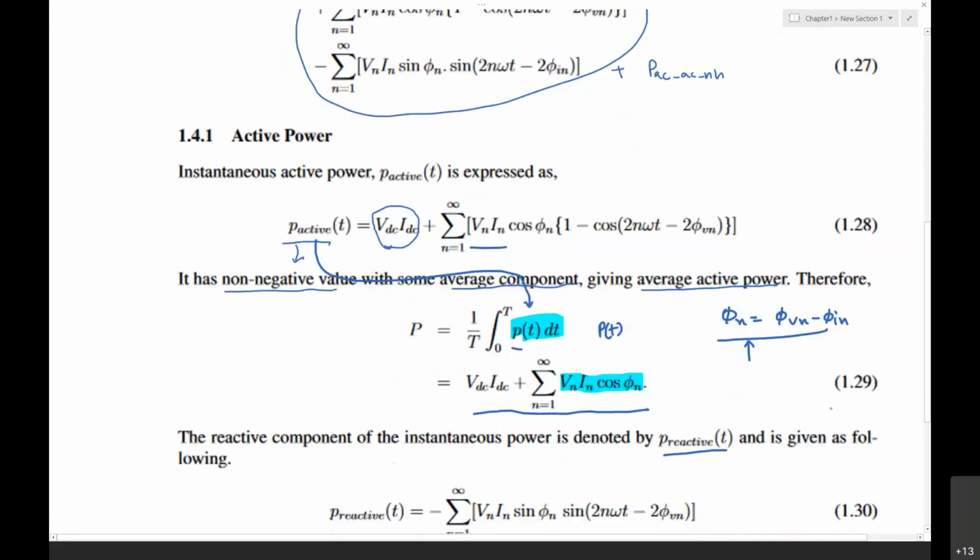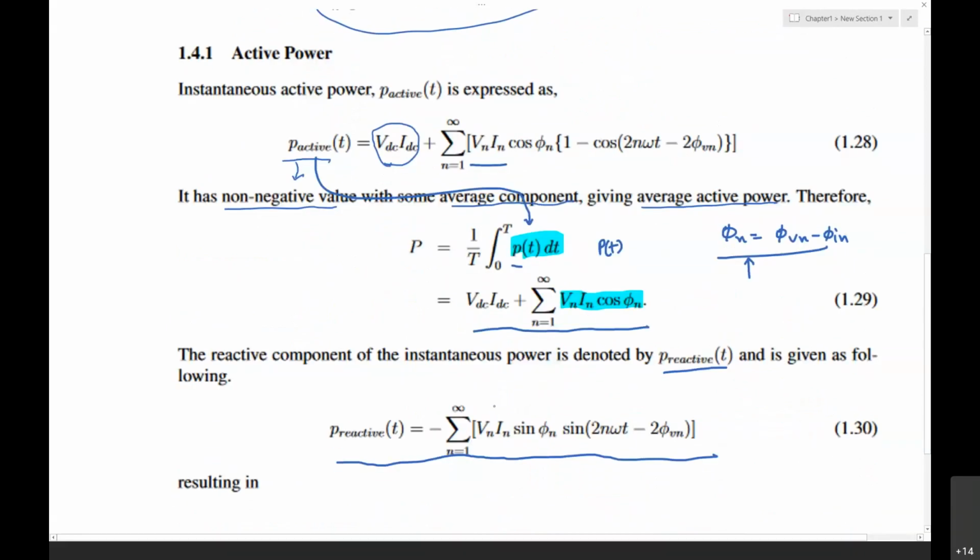The instantaneous reactive power is this equation. The active power and then the reactive power have been derived for the similar frequency, the interaction of the similar frequency components. That is, take the second harmonic voltage, it interacts with the second harmonic current also.